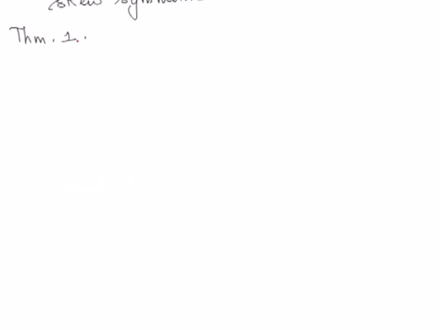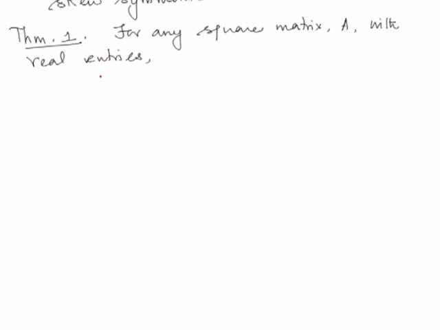Theorem number 1. For any square matrix A with real number as entries, A plus A dash is always a symmetric matrix, is the first theorem.